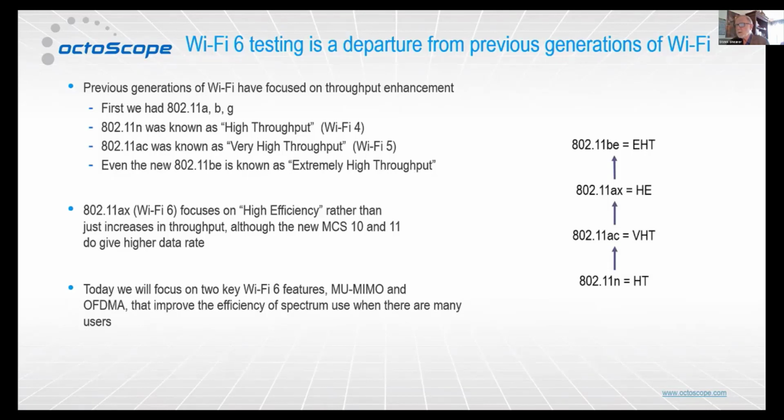So when we think about testing Wi-Fi 6, we should make sure to exercise those parameters. Today we're going to focus on 2 key Wi-Fi features: MU-MIMO and OFDMA, and these are important aspects that improve efficiency of the spectrum, especially, as I mentioned, in dense environments.